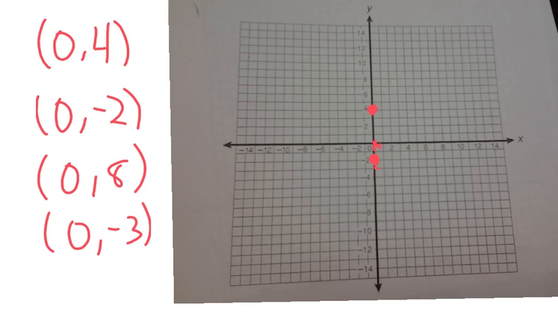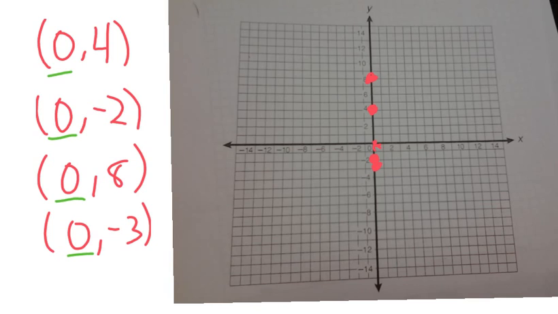So there's 0, negative 2. What about 0, 8? And 0, negative 3 is right there. So if your x value is 0, you end up on the y-axis.